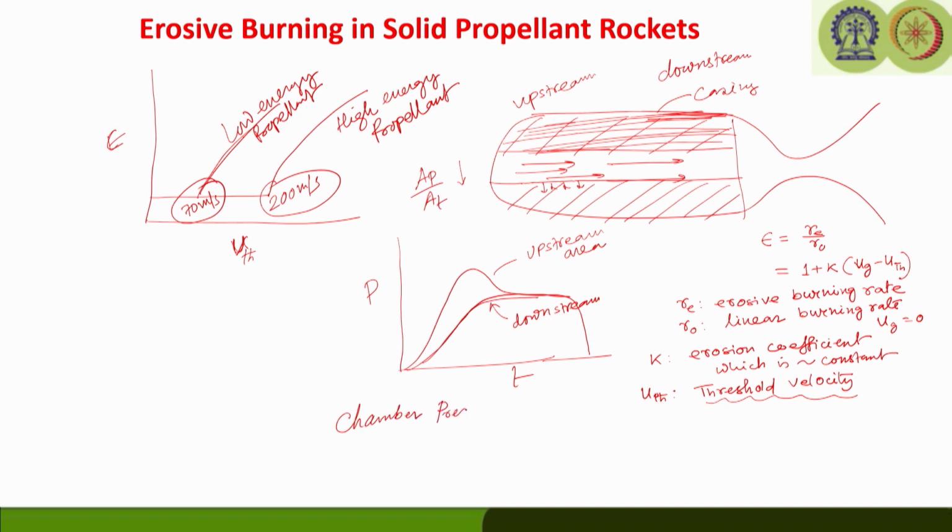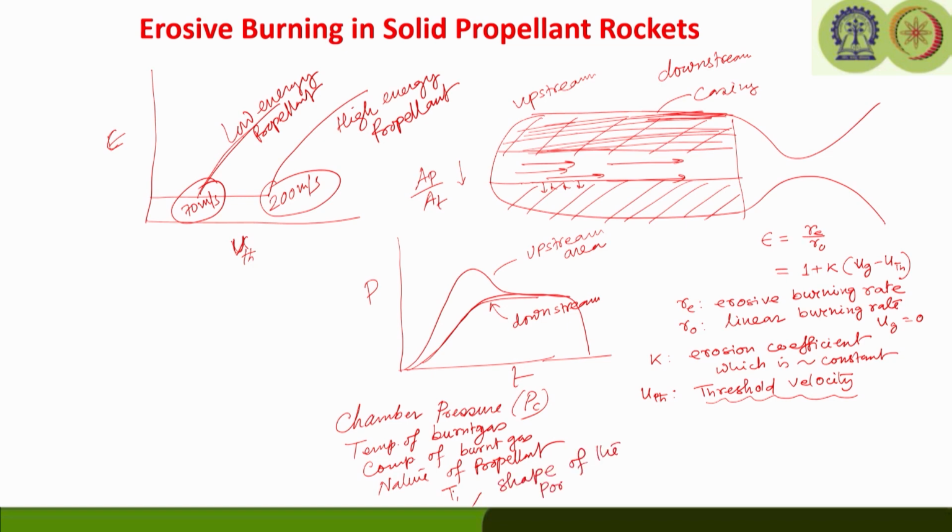Several parameters, we can say, like chamber pressure, the temperature of the burn gas, composition of burn gas, nature of propellant, initial temperature of the propellant, and shape of the port cross section.